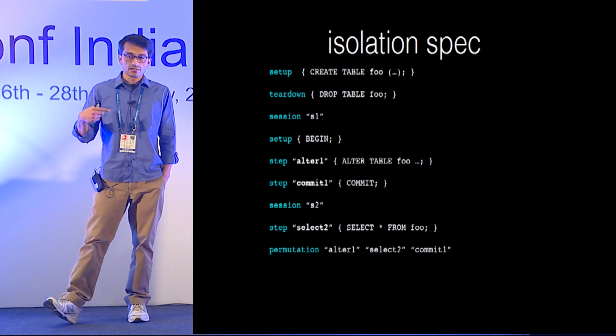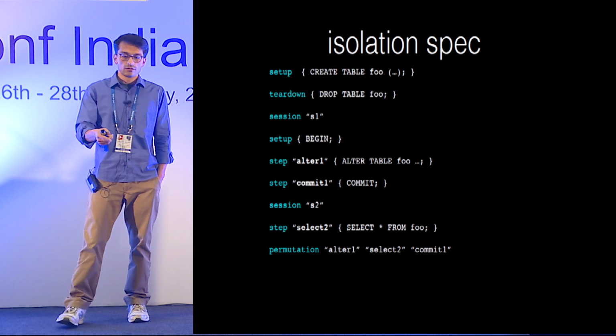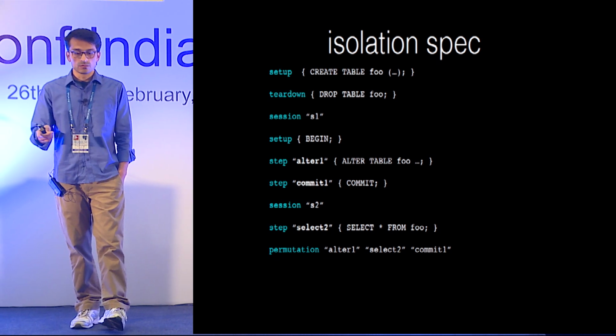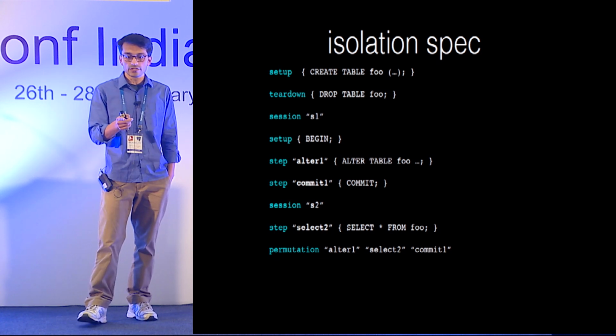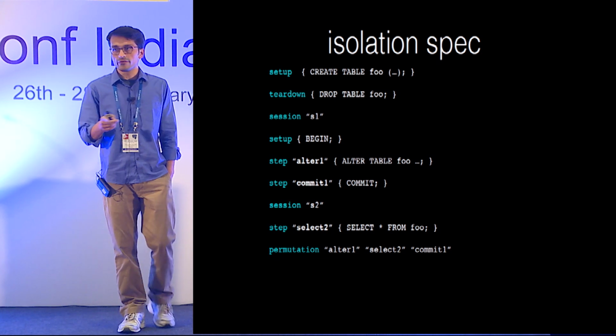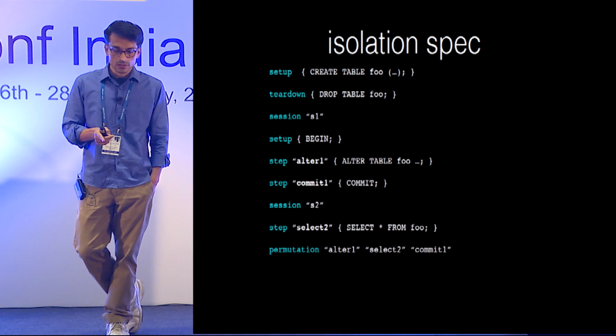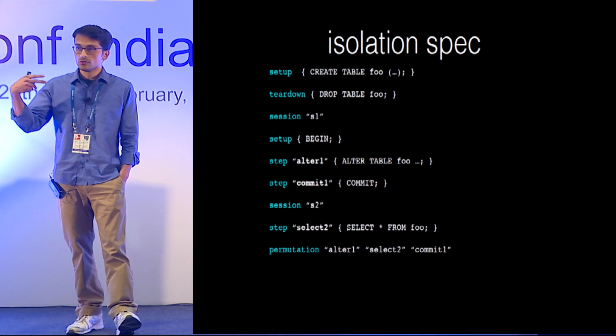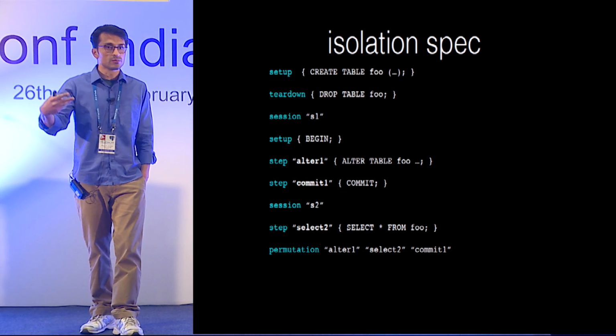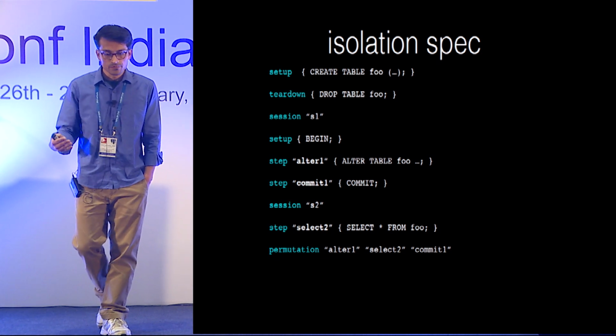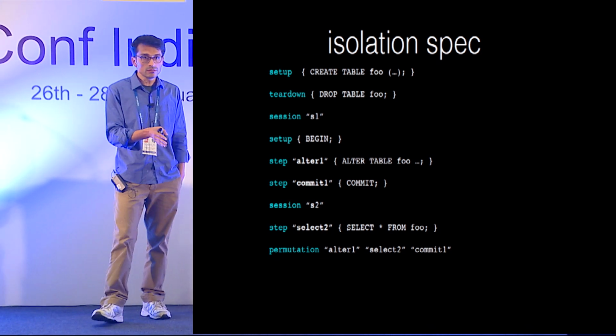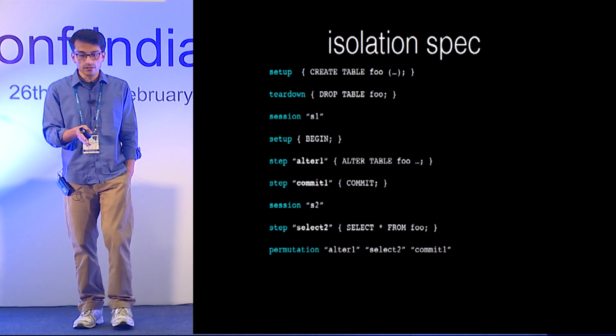So what this means is the test runner would execute the SQL statements exactly as identified by the permutation. So the test runner would create 2 sessions against the Postgres instance that is under test. In one session, which is S1, it will run alter 1.